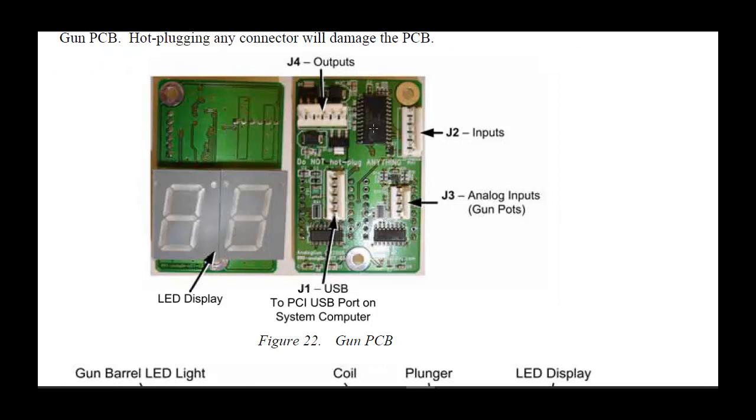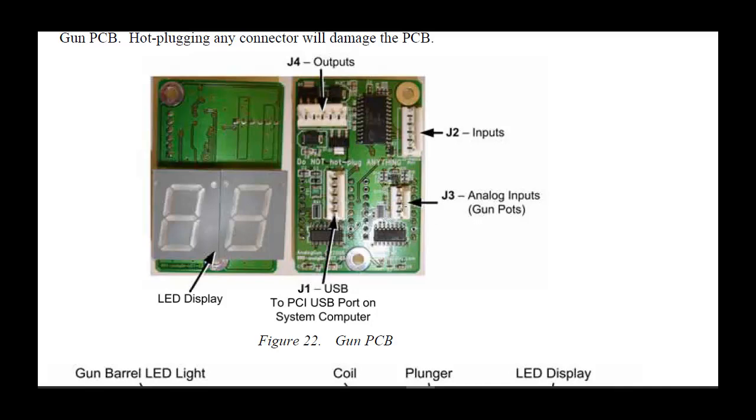This is a small board of the gun. It shows how many bullets the player has to shoot. We have J1. It's connecting directly to the PC by USB cable. Also, we need to make sure the USB cable is perfect.